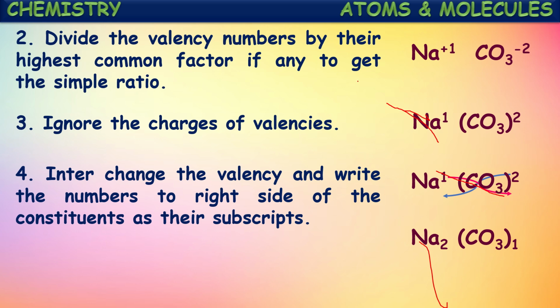Now 2 is interchanged to the sodium at the right bottom, Na2, and 1 is interchanged to the CO3 at the right bottom. If 1 is there, we need not write that 1.